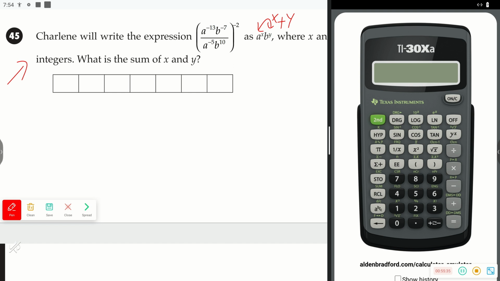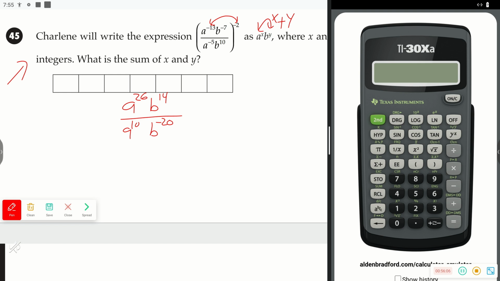So the first thing we have to do is distribute this -2 times all of the values. So whenever you're distributing, you're actually multiplying. So this is going to be negative 13 times negative 2. So we're going to have a to the 26, this is an a, and then we're going to have b to the 14 divided by a to the positive 10, b to the negative 20.